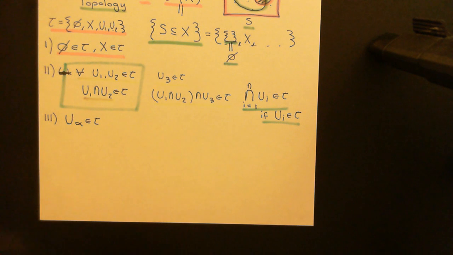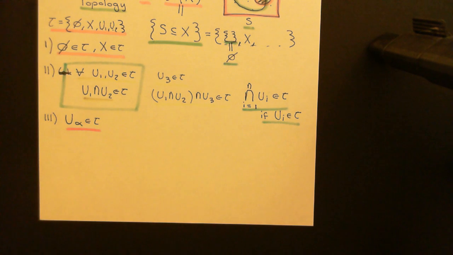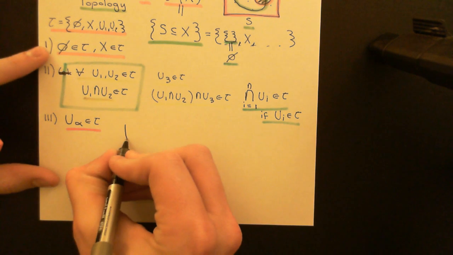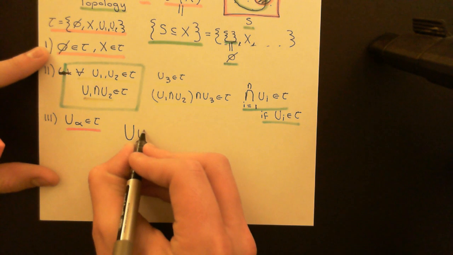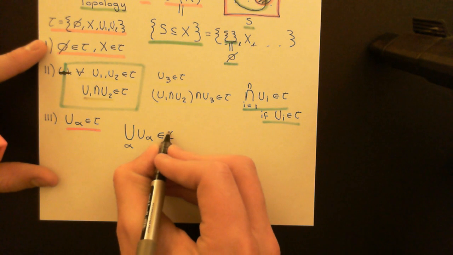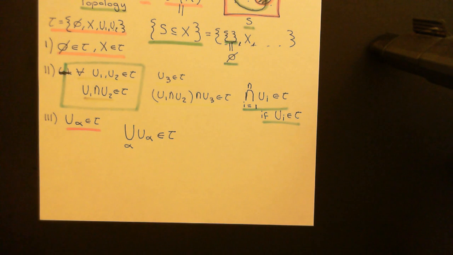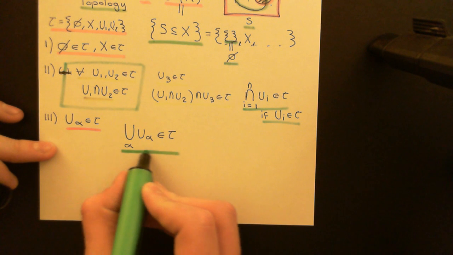The important point here is that I'm picking loads of subsets that are all in my topology tau. Now we are going to insist that the union over alpha of all these subsets that are in the topology must also be within the topology. And that alpha can be any index you like.